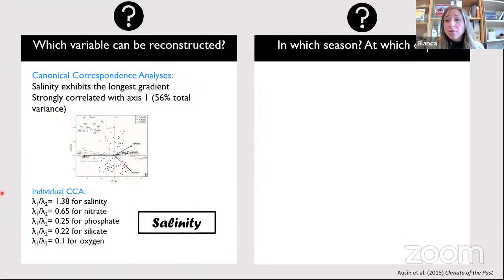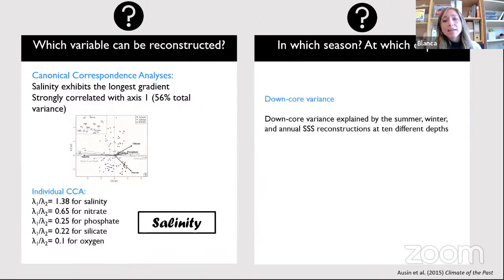Because many coccolithophore species thrive within specific ranges of the photic zone and are subject to environmental seasonality, we need to find as well the most suitable calibration. And this is based on the depth and season that most influence the fossil assemblage. So for this, we calculate the amount of downcore variance explained by the summer, winter, and annual salinity reconstructions at 9 different depths.